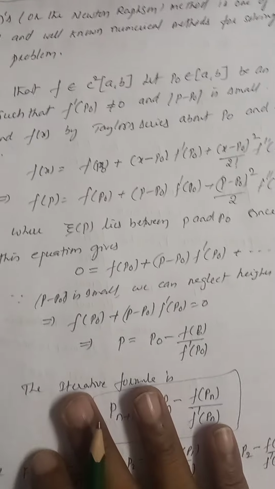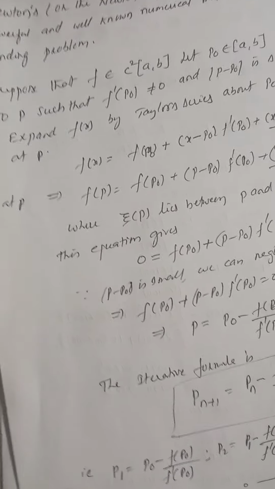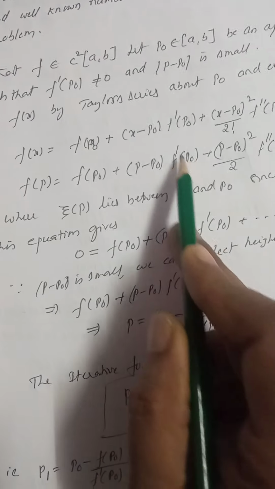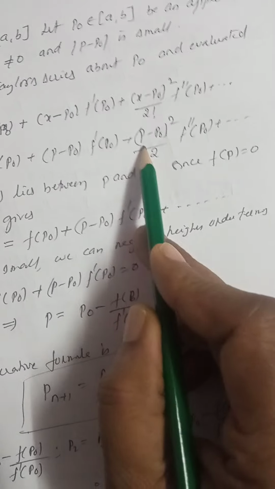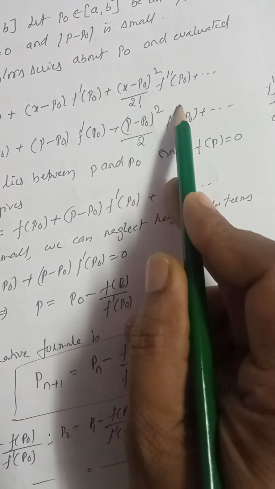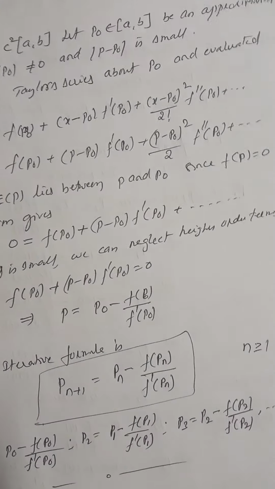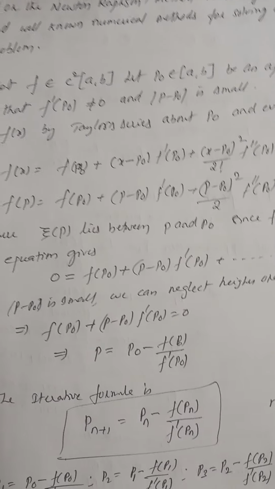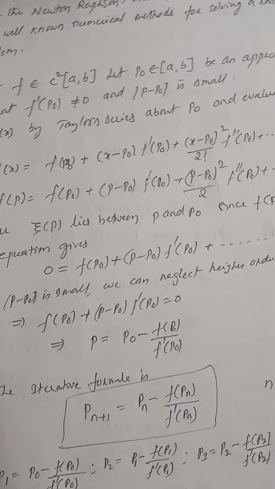Right, now at x is equal to p, f of x becomes f of p is equal to f of p naught plus (p minus p naught) into f dash of p naught plus (p minus p naught) whole square by 2 into f double dash of p naught plus so on. Here we know that p minus p naught is very small. That's why we are neglecting second and higher order terms, the second derivative and higher order terms.